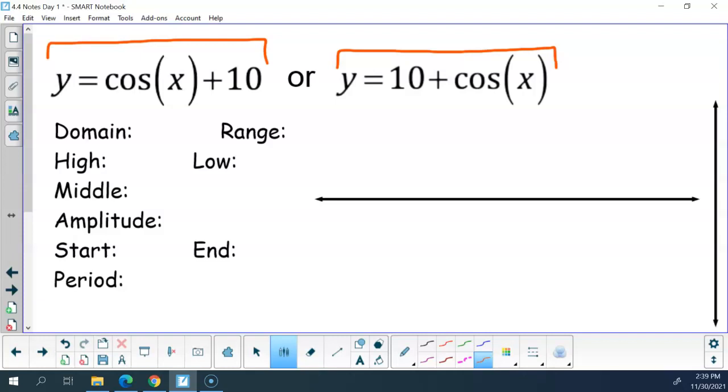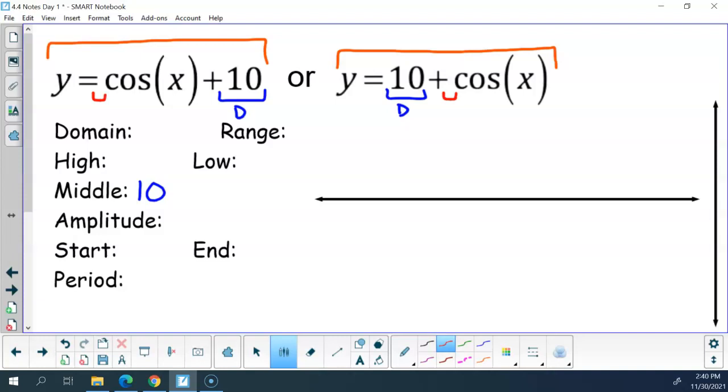So this right here is my d value, or conversely over here, that would be my d value, which is the only thing that d value controls: the middle. So the middle now is 10. Everything else we do the same way. The number in front, the coefficient of the trig function, that's my amplitude.